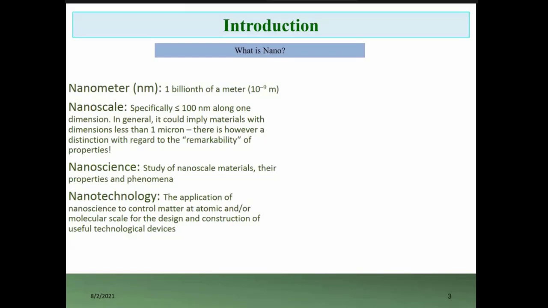How can we define 1 nanometer? Is 1 nanometer visible to us? Can we see a 1 nanometer particle with our bare eye? No, we cannot see a 1 nanometer particle with our bare eyes.